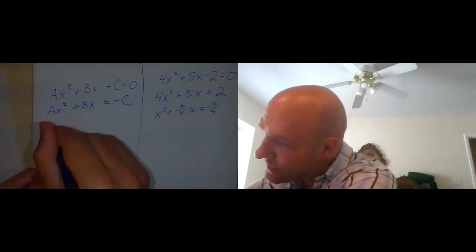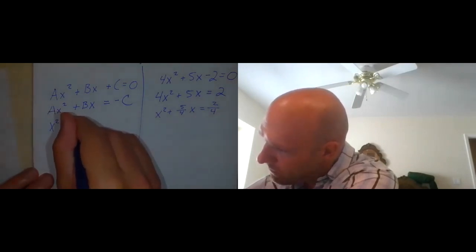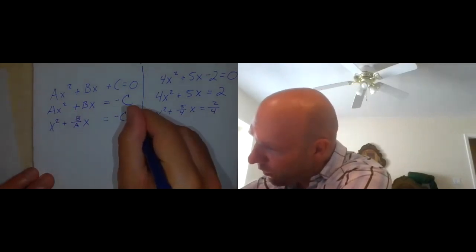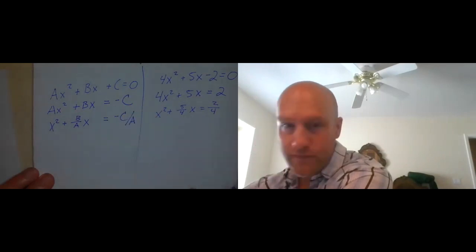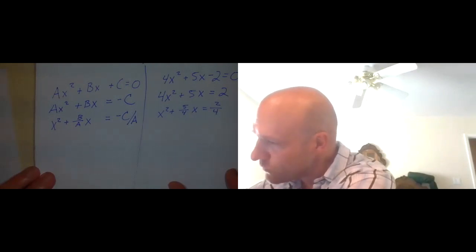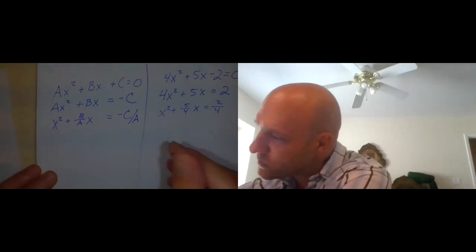I'm going to write this as x squared, so I divided everything by a, plus b over a x equals negative c over a. Okay, the next step is where I actually complete the square.